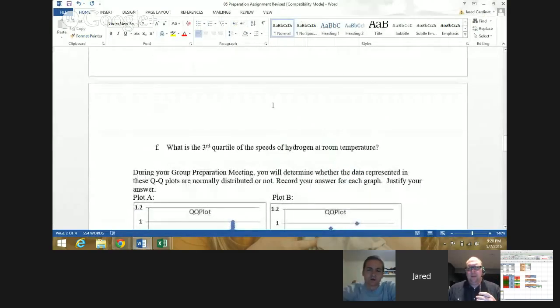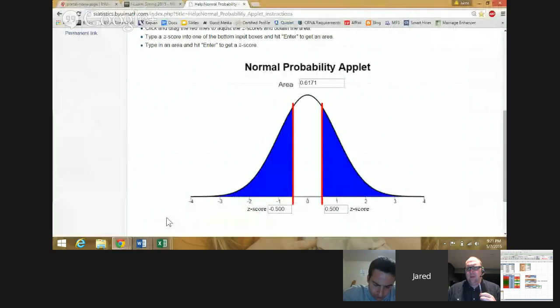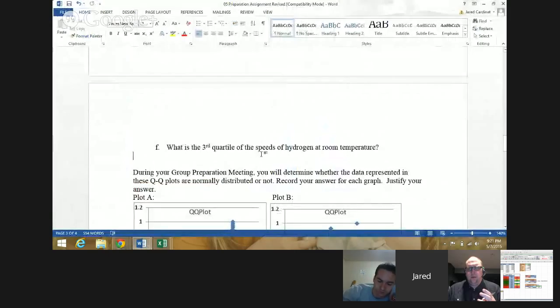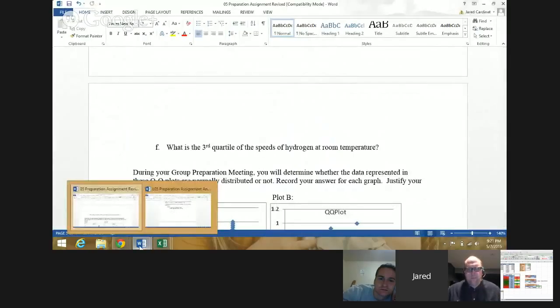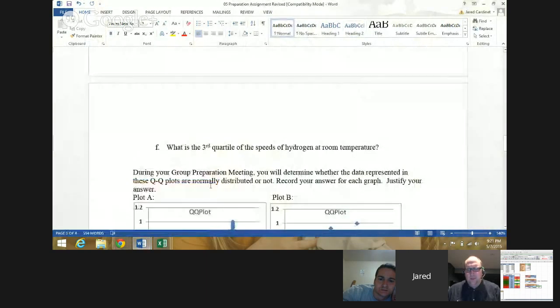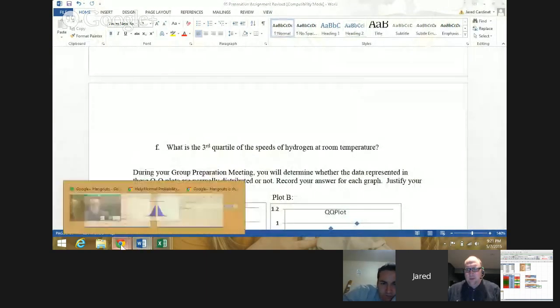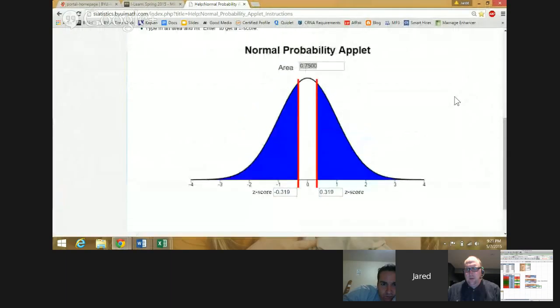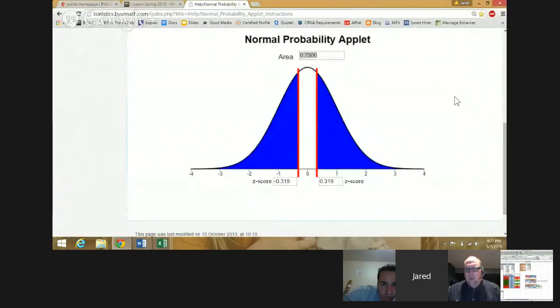And then what is the third quartile of the speeds of hydrogen at room temperature? So we just go back to our little app. Third quartile is 0.75. Oh, so we're solving for x again. Okay, are you ready? Yeah. Okay, we need the z-score, which is 0.319.